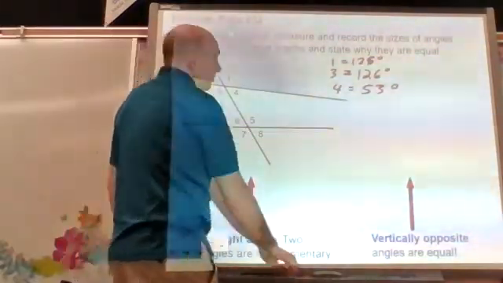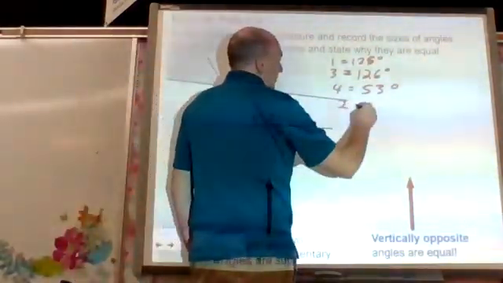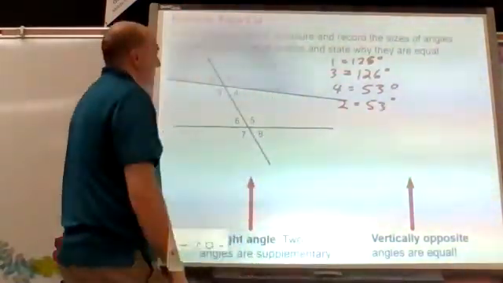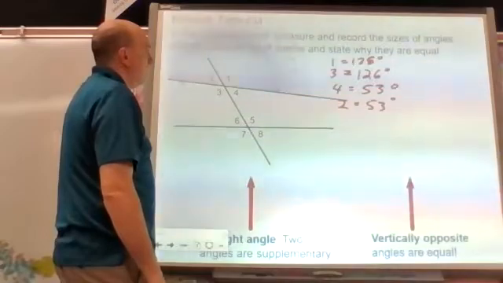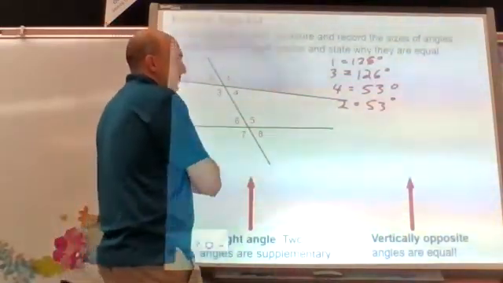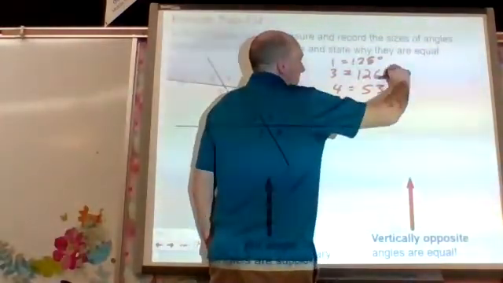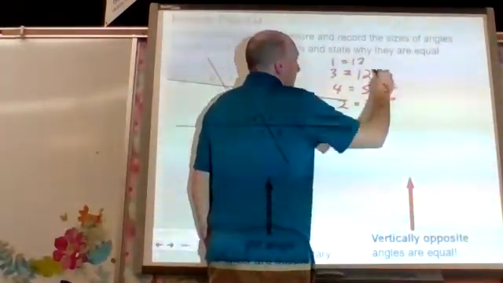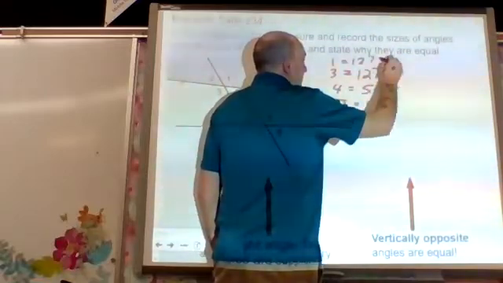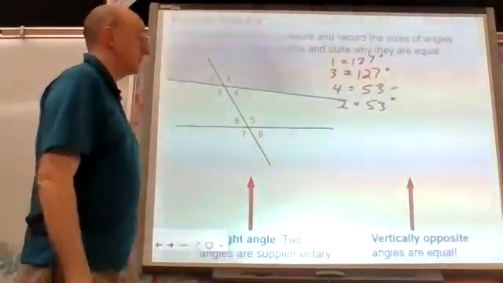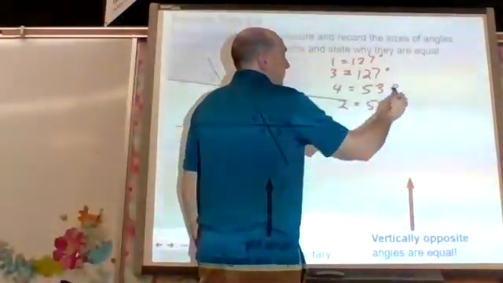So that's also going to be 53 degrees. Taking a look at these numbers, obviously I'm a little bit off because 3 and 4 should be supplementary and should add to 180. When I saw it was 126 or 127, let's call it 127 degrees, because as I rotated, I saw that my first measurement was a little off. Okay, so 1, 2, 3, and 4.